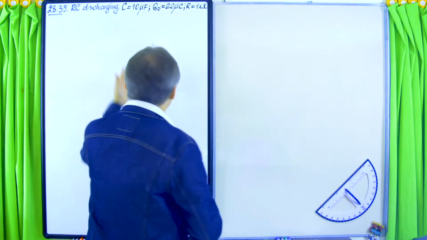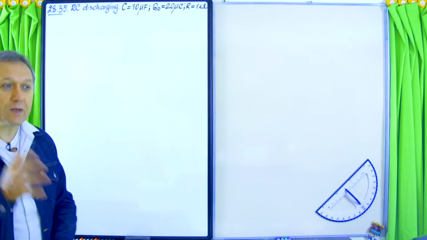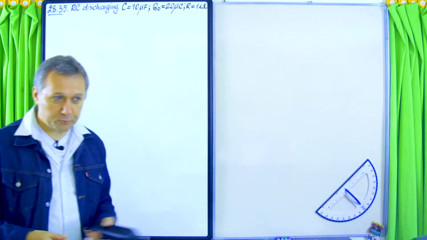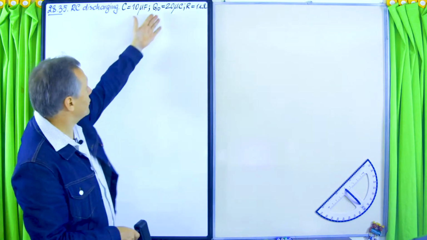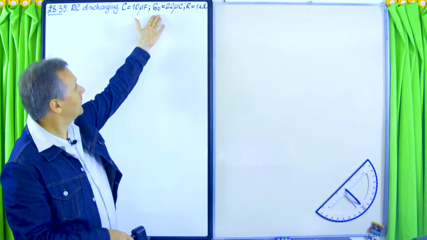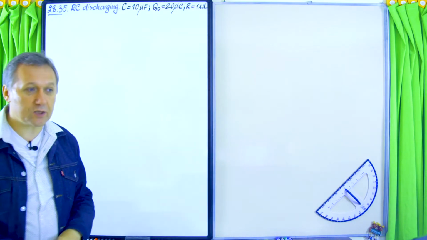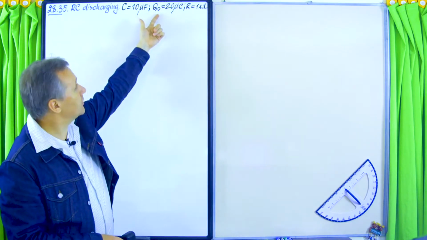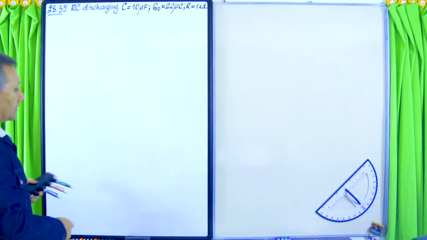We have a capacitor, and at the initial moment of time it has some amount of charge, Q naught. The capacitance is given, the charge at t equals 0 is given, and it will be discharged through a 1 kilo ohm resistor.